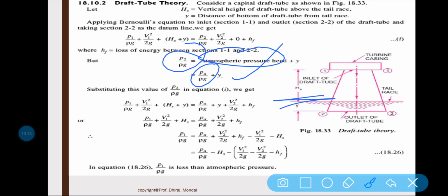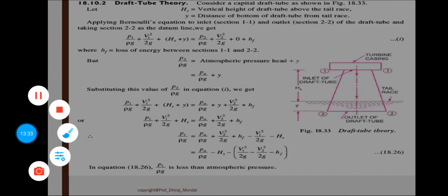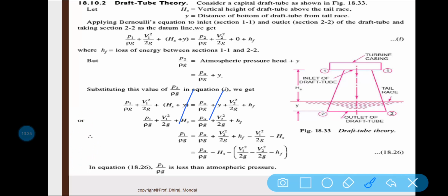Now substitute the value of P2 by rho g, and you will get this equation: P1 by rho g plus V1 square by 2g plus Hs plus Y equals Pa by rho g plus Y plus V2 square by 2g plus Hf, because Z2 is equal to 0. Now you just cancel out Y. Then you get P1 by rho g plus V1 square by 2g plus Hs equal to Pa by rho g plus V2 square by 2g plus Hf.